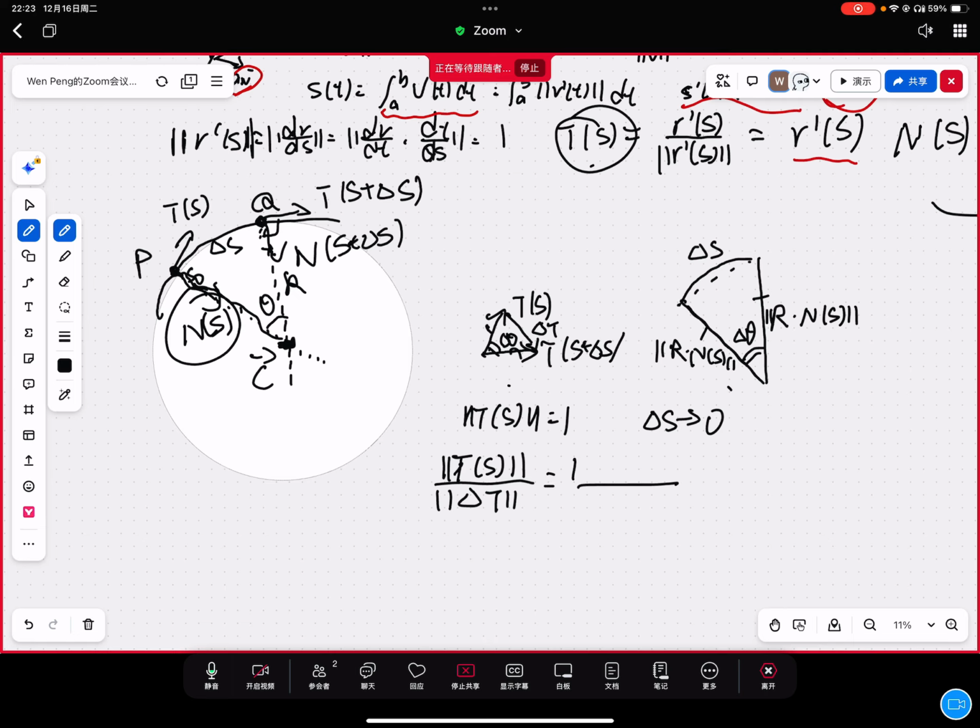The magnitude of t of s is 1. r times the magnitude of n of s is r.